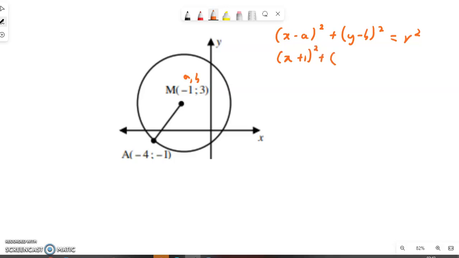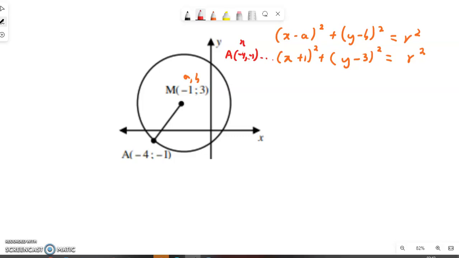Then it's y minus the value of b, which is 3, so we substitute 3, all squared is equal to r squared, where r is our unknown for now. Alright, so we have just substituted the coordinates of the center. Then if you check, there is this given point here, which is point A, with the coordinates of (-4, -1).